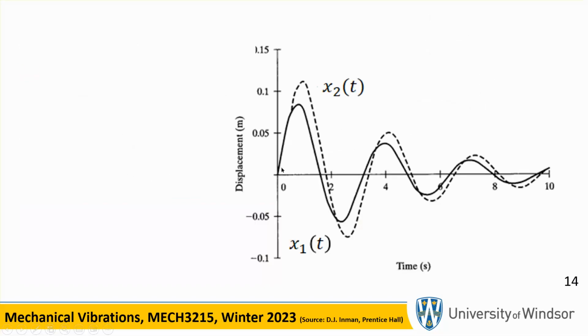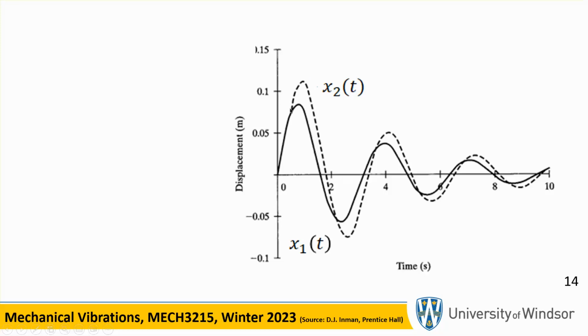So here's what happened. Notice that this x1 is right here. This is x1. At this point, we hit it. Now, if we did not hit it, it will be the continuation of that.